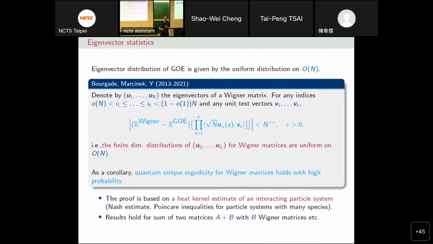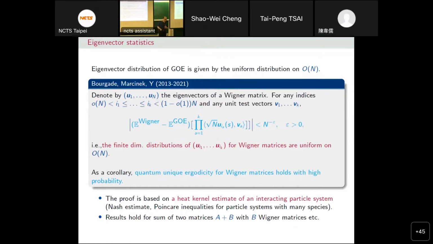Now, how do I say the distribution is given by the orthogonal group? Of course, you could say that the probability law of this eigenvector converges exactly to the Haar measure of the orthogonal group. But this is impossible because it's such a high dimension. As the dimension n goes to infinity, wanting the probability law to completely converge to the orthogonal group is definitely impossible.